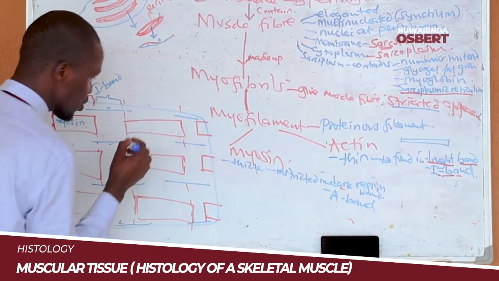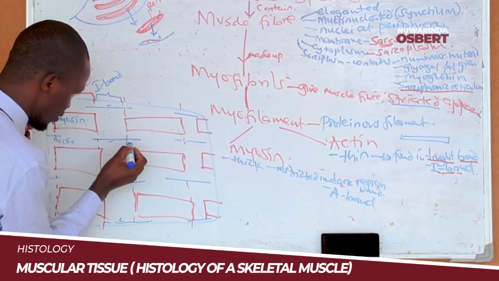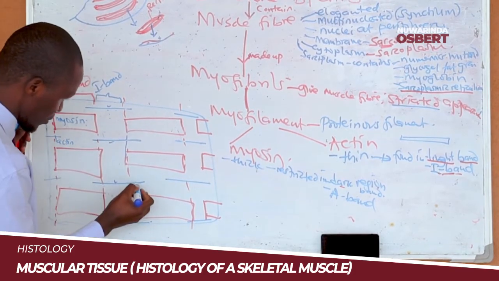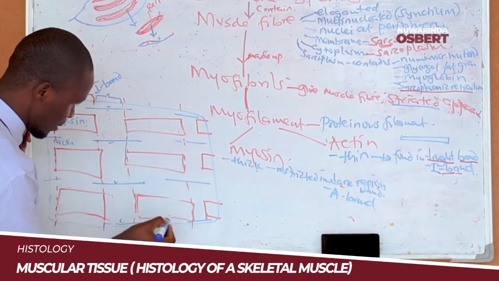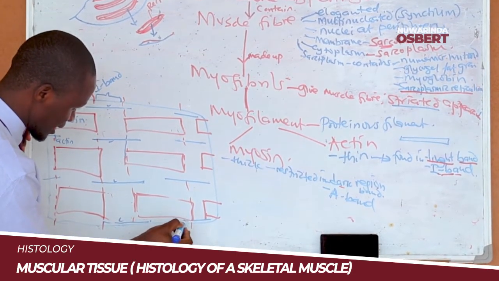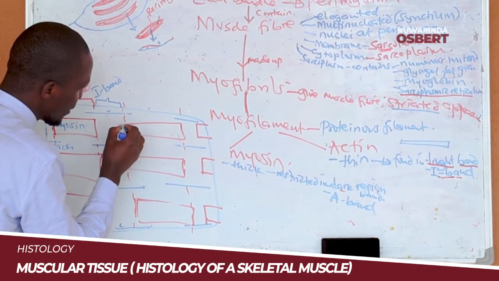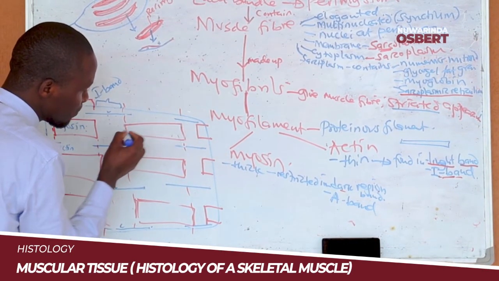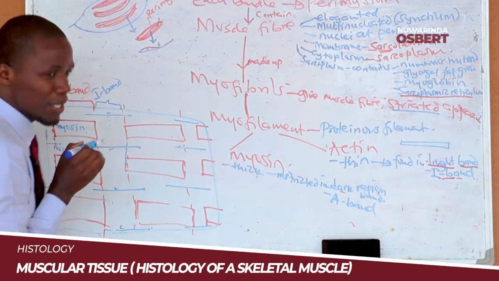But you see, in this region, the actin comes and passes somehow and reaches somewhere here. The same story here, the actin is passing a bit. So the A band is from here up to here, but in this A band, we have another region where actin penetrates a bit.